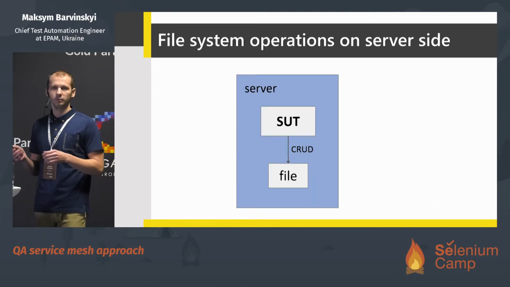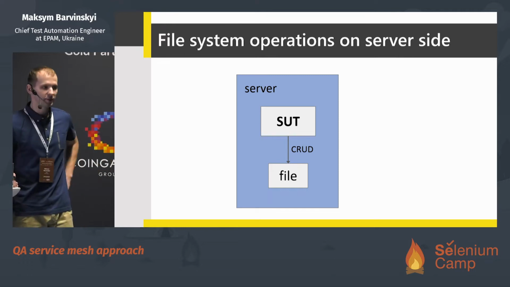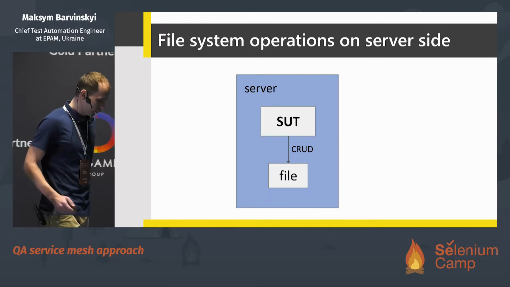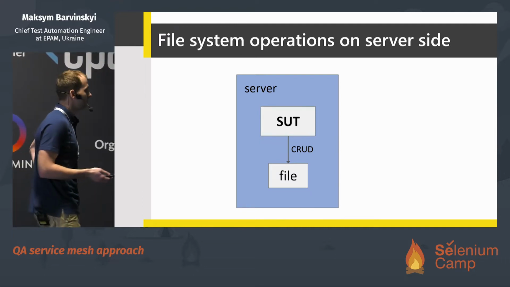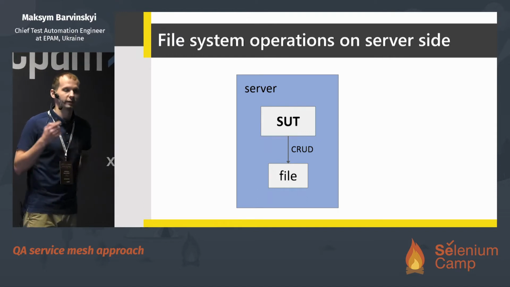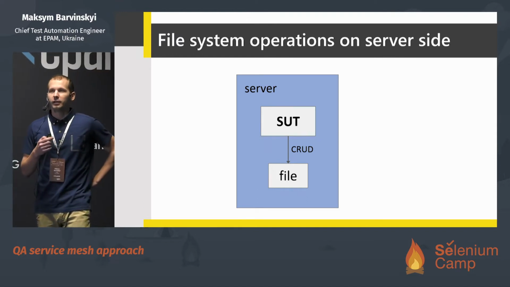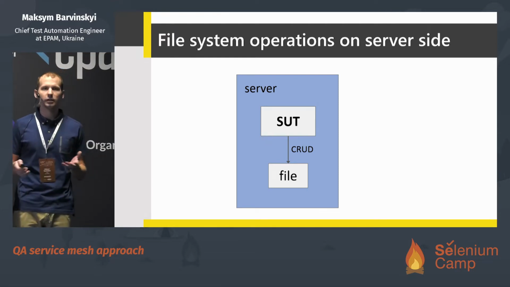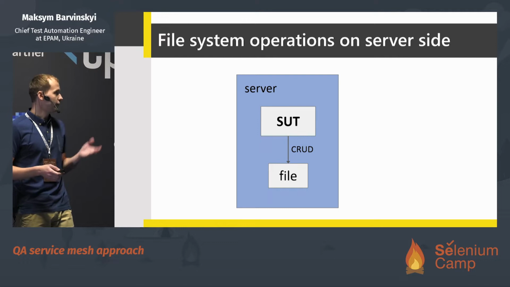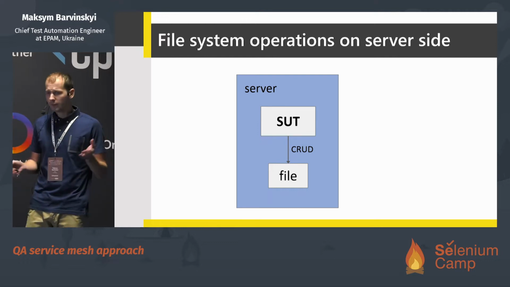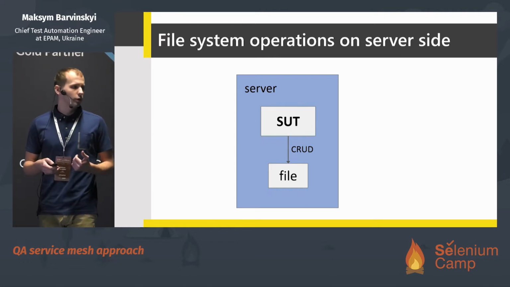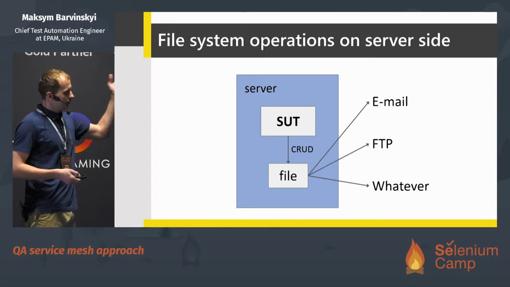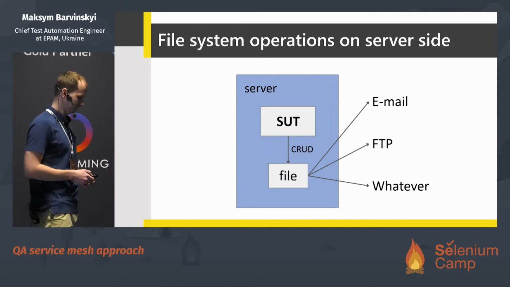And one day, our business analysts made us happy with the following requirement. Our application, SUT, stands for System Under Test, FYI, is going to create some file like XML, JSON, something like that, on the local file system. And then it's going to consume it or delete it, or even send it far, far away.